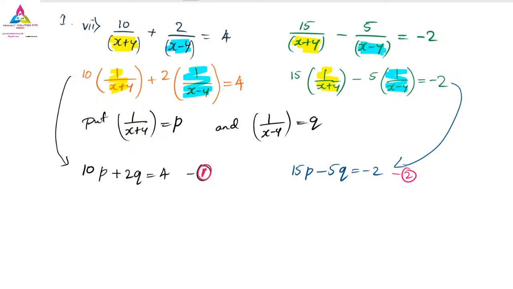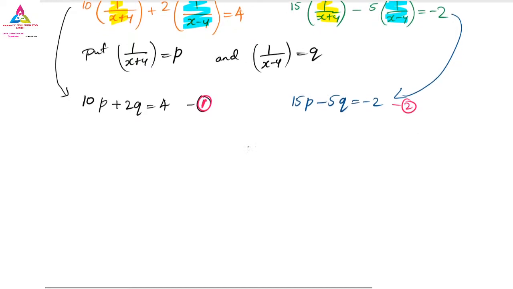Okay, now we have to compare those equations and solve for the p and q values. Let us do the same thing we have done previously. The elimination method, or any one method, whichever is easy for you, you can go for that. I will go for the elimination method.